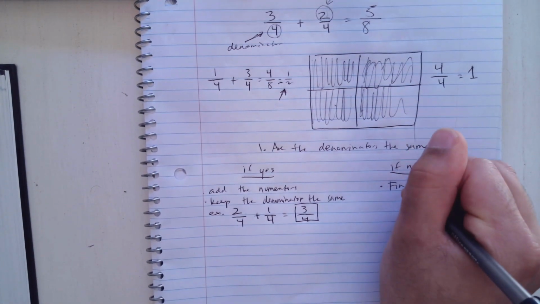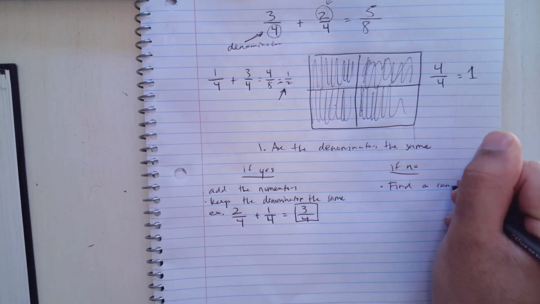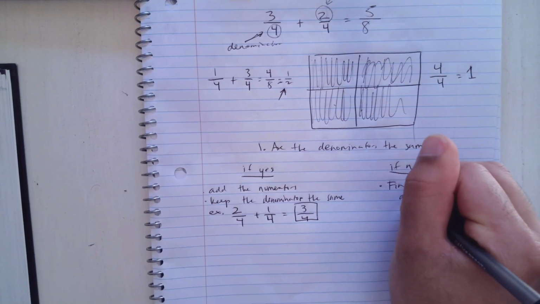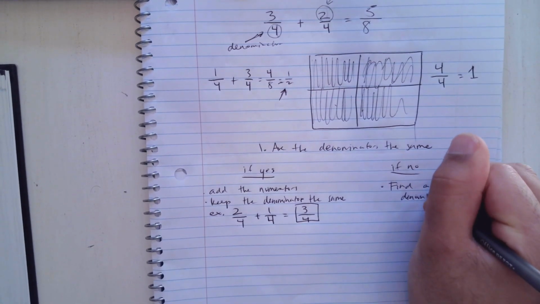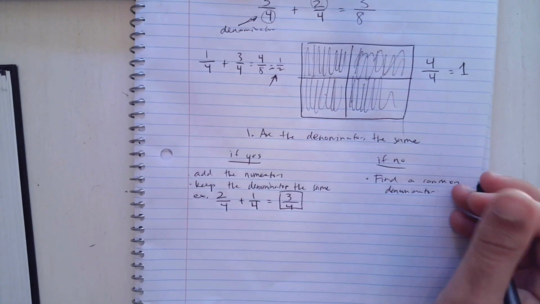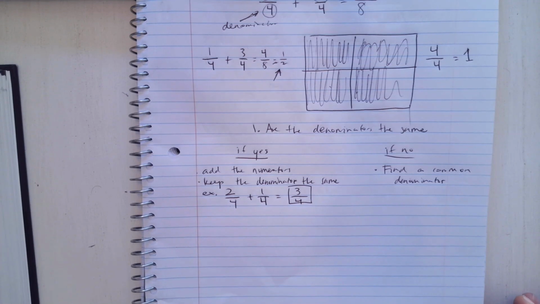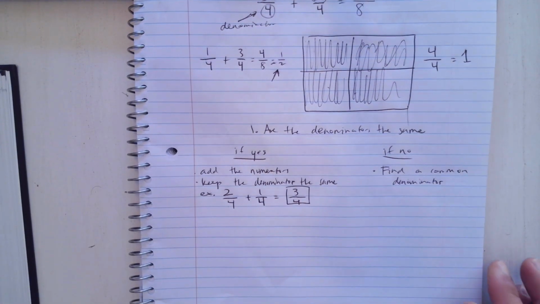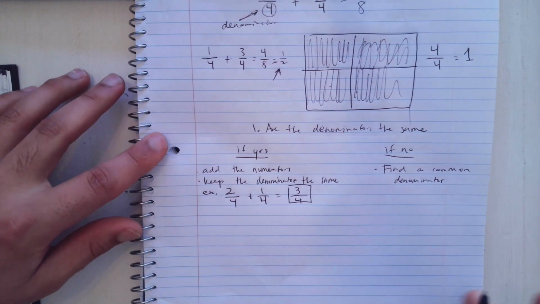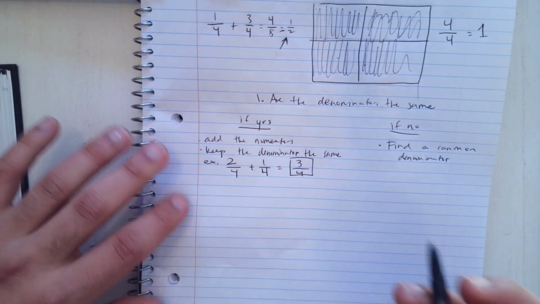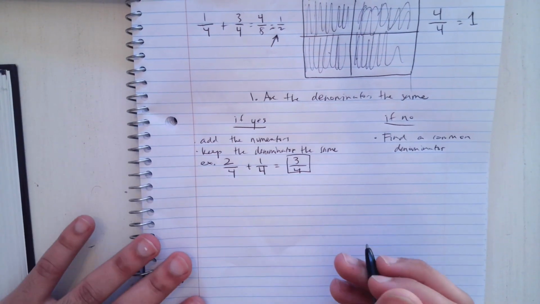what we do is we have to find a common denominator. Does that word ring any bells? Does that sound familiar at all? Okay. So let's take a look at a fraction where the denominators are not the same.